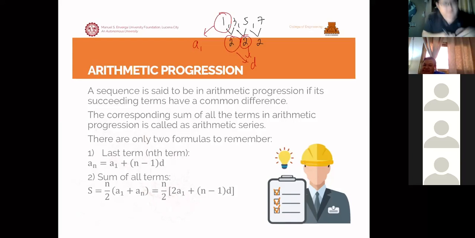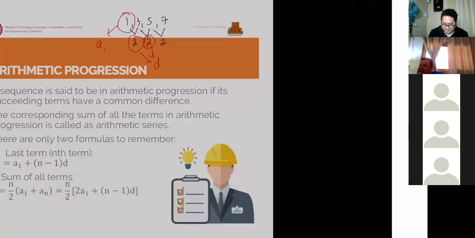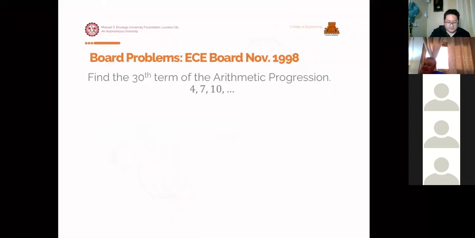Okay. So, problem. Find the 30th term of the arithmetic progression 4, 7, and 10.